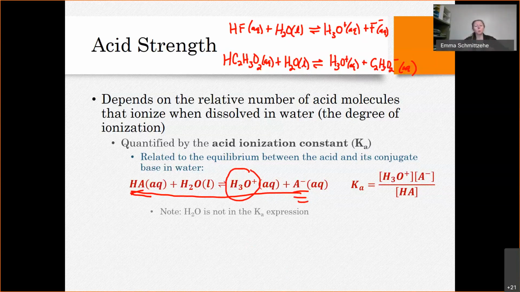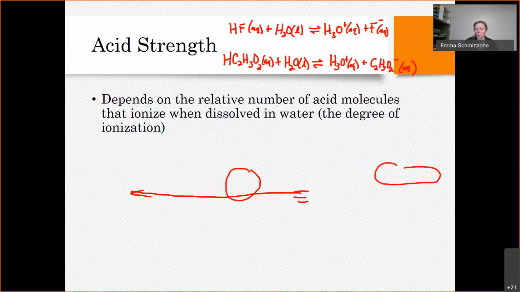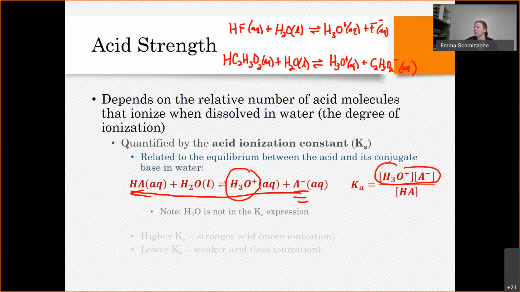The more H3O plus you have in solution, or the more of that anion that's there, means more H plus is released, the stronger the acid, okay? And so that means that if you have more stuff on the top of the equation, the Ka value is going to be larger. So, oh, whoops, sorry guys. There we go. A higher Ka value always relates to a stronger acid, okay?